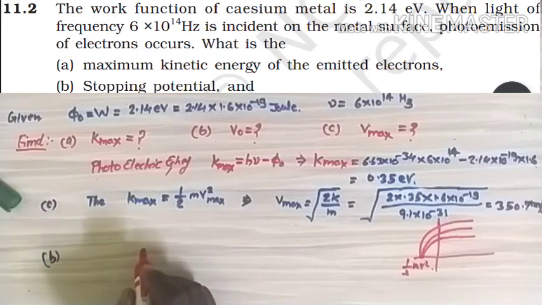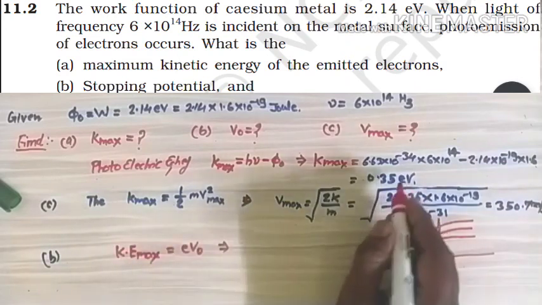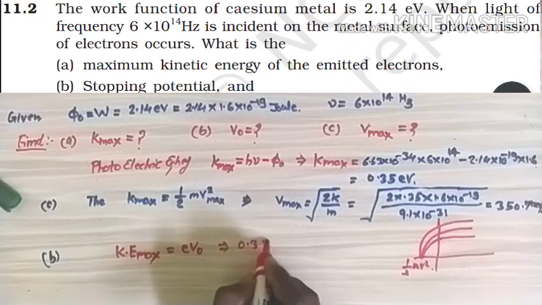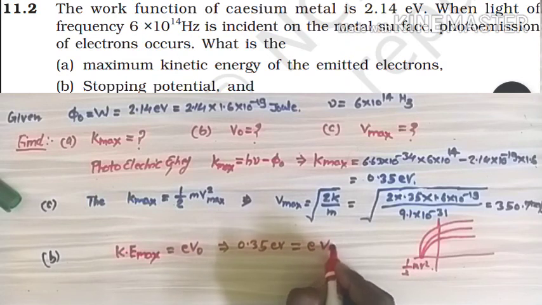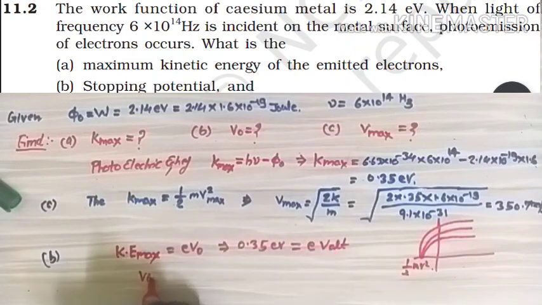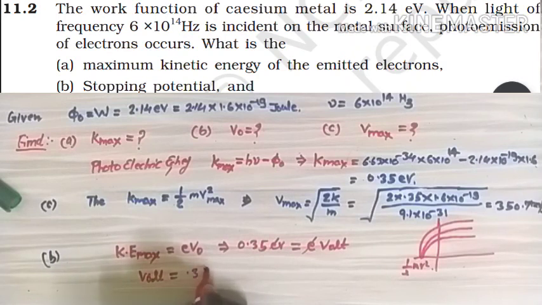So we write K E max, the maximum kinetic energy, becomes eV naught, the voltage applied. If you put the values, K max is 0.35 electron volt, and this is also electron volt. So you find the voltage, no need to put the value of the electron charge. This is directly 0.35.